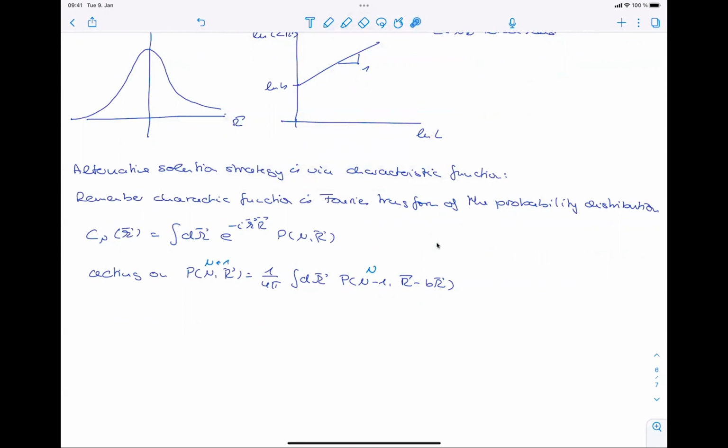Because then we have P of n inside, and this means that I also have a plus here. So n plus b of r omega then gives us the n plus 1. Sorry, no, the plus, that's stupid. It's a minus.